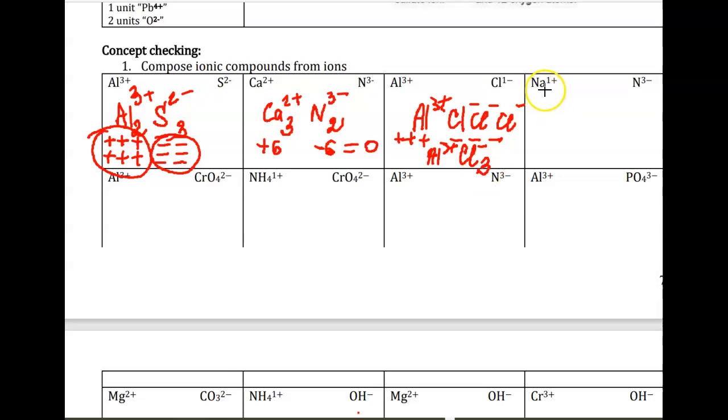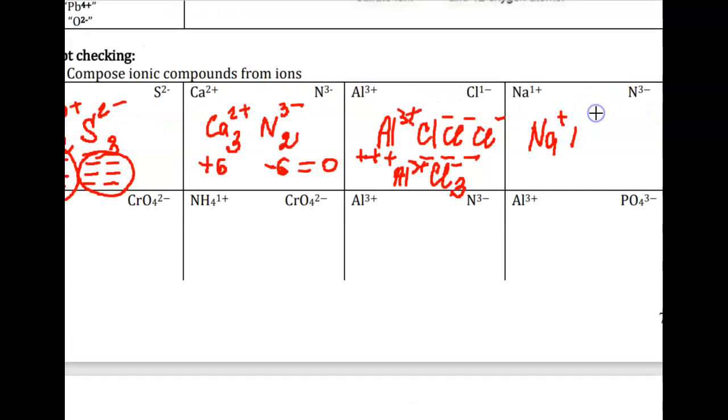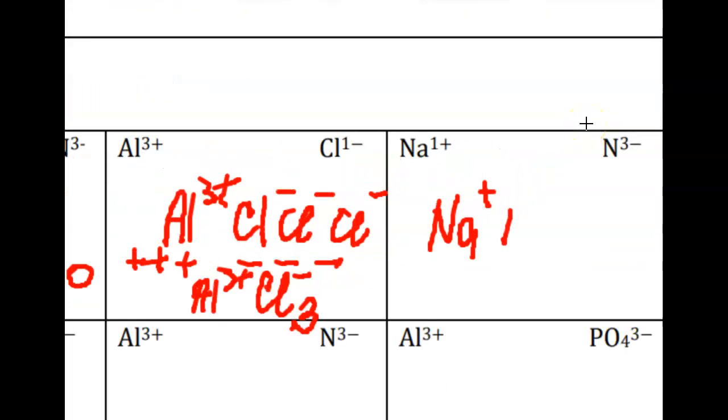So sodium and nitrite. Sodium has a positive charge, plus, and nitrite has 3 negative. Something happened, I don't know what to do.